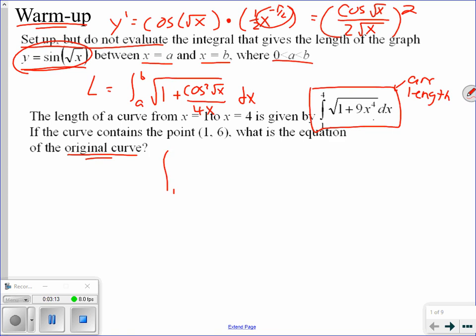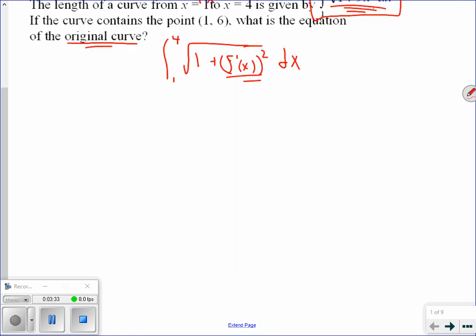But here's the setup. Remember that the formula itself is the integral of the square root of 1 plus f prime of x quantity squared dx. So how can I rewrite this to be in the form where we have f prime squared?